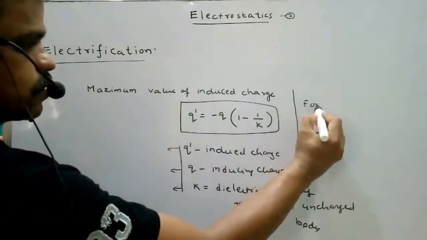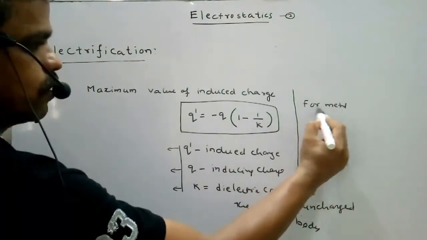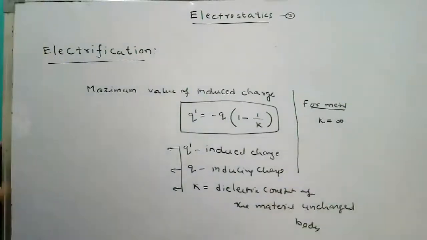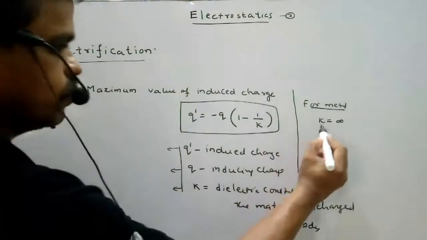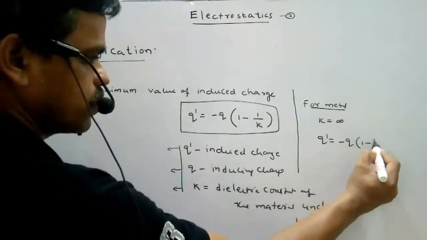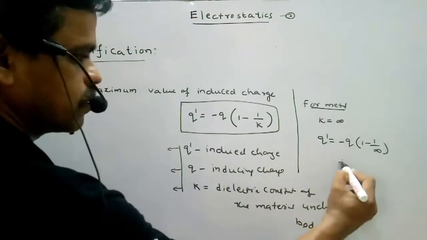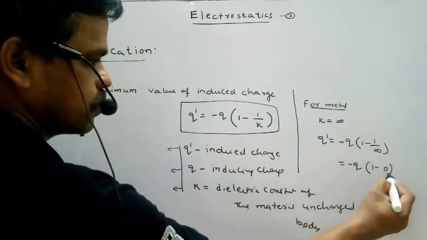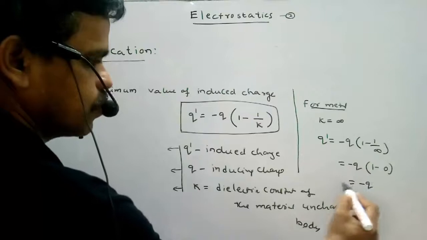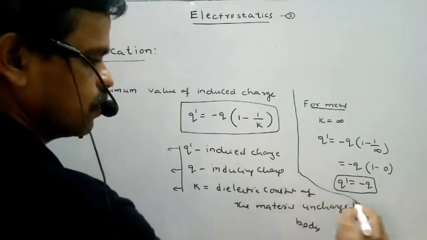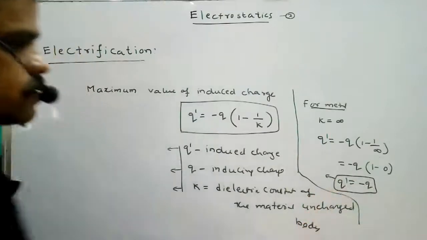For metals, how will it be? For metals, the dielectric constant is infinite. Then Q dash equals minus Q of (1 minus 1 by infinity). 1 by infinity is 0, so Q dash equals minus Q. This is for metals.